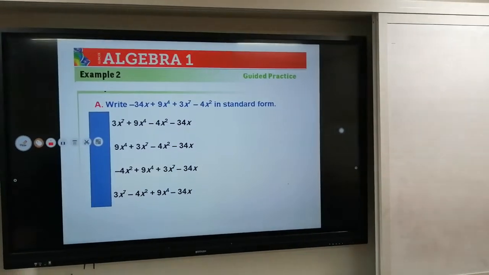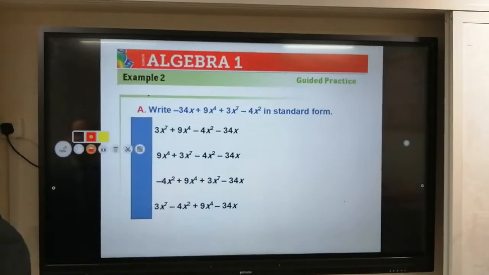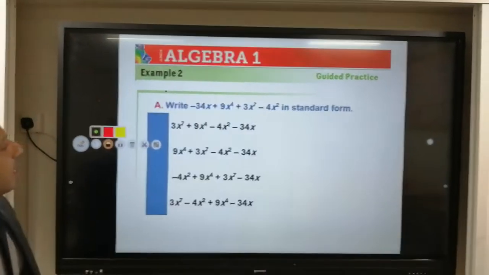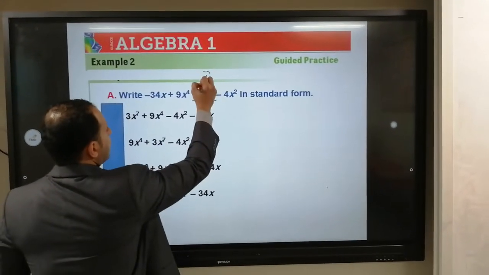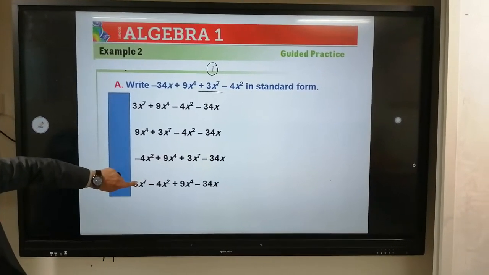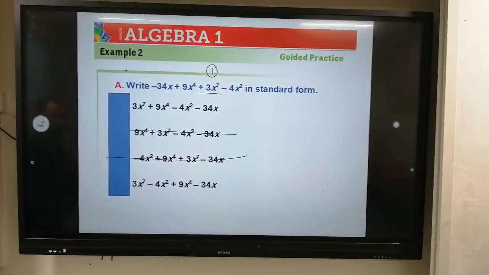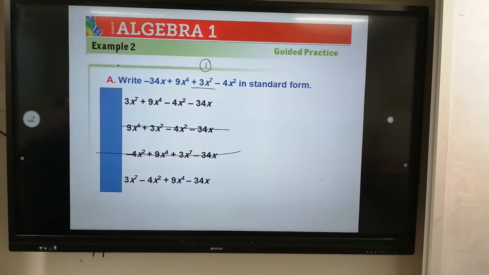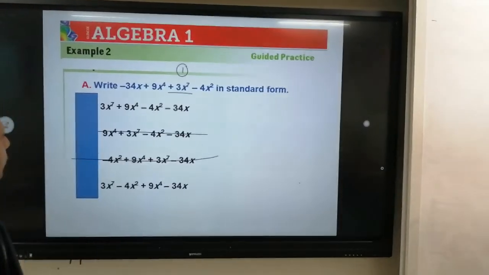So we have here the problem. This is number 1: 3x power 7. So this is out and this is out, we have only 2 choices. And then after that, x to the power 4, and x to the power 2.